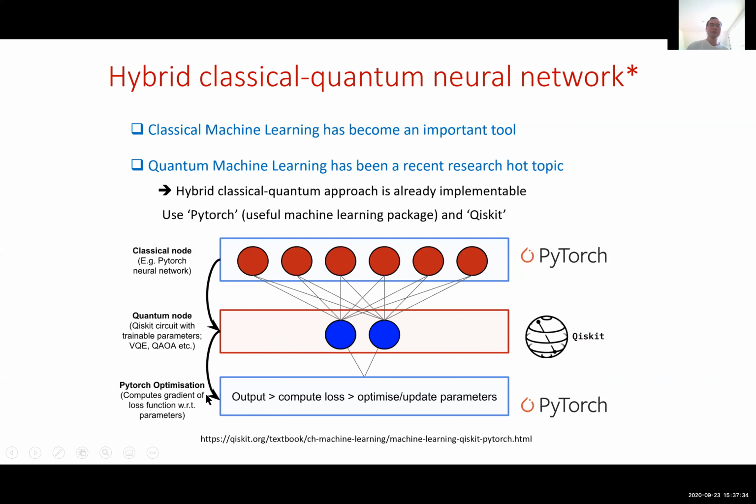And then we output, so we can optimize and then feed back to the loop, very similar to the VQE. So in some sense, you can really see that this is a more general setup of VQE, but just using classical computer, classical neural network to do that. So PyTorch is another Python package that you can use.